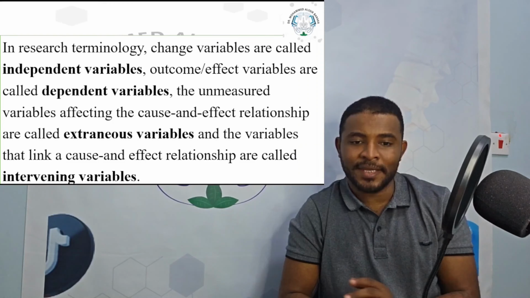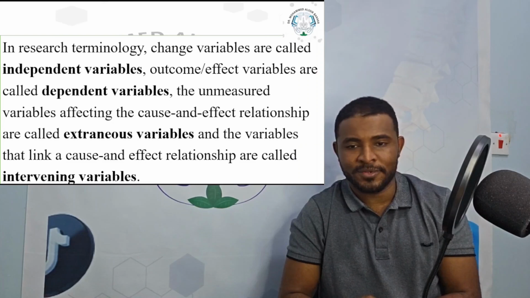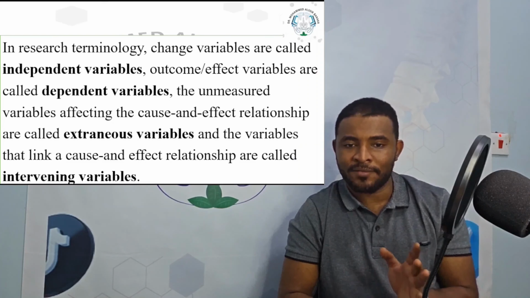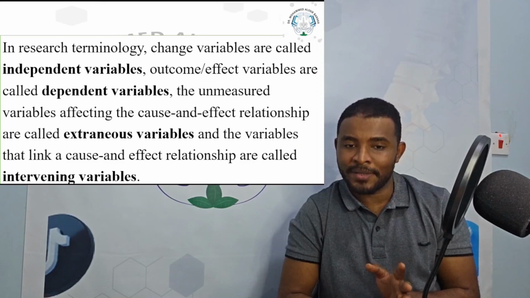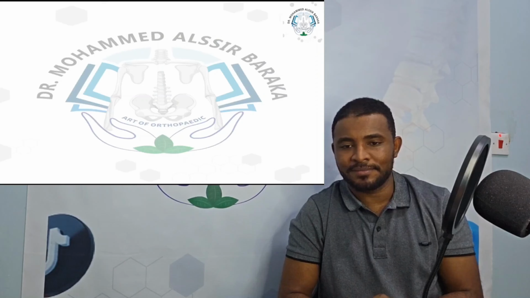And the variables that link a cause and effect relationship are called intervening variables. So we have either independent, dependent, extraneous, or intervening variables.